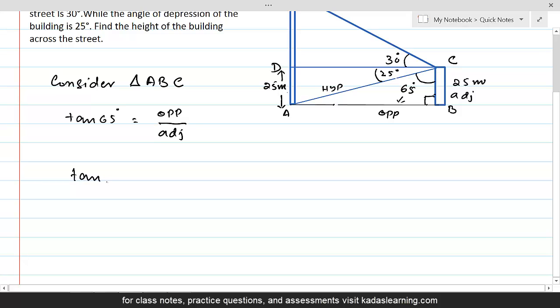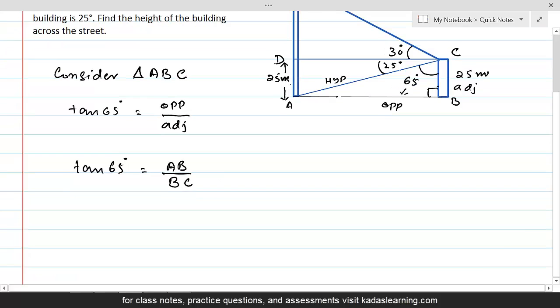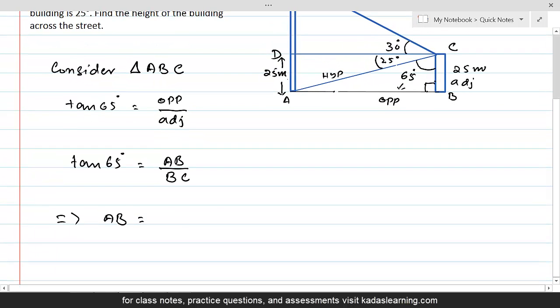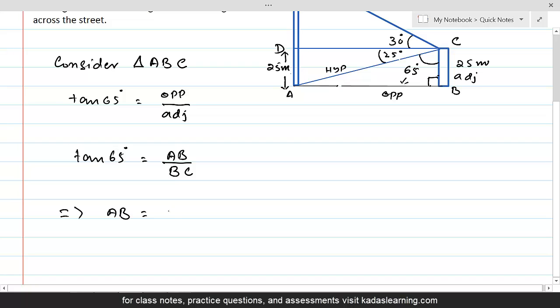So tan of 65 degrees is equal to AB over adjacent, which is BC. This means AB is equal to, the value of BC is 25, so 25 times tan of 65 degrees.